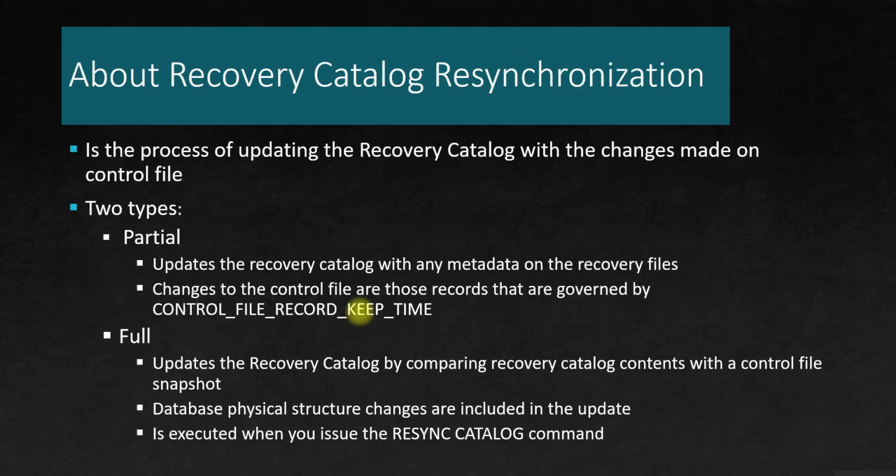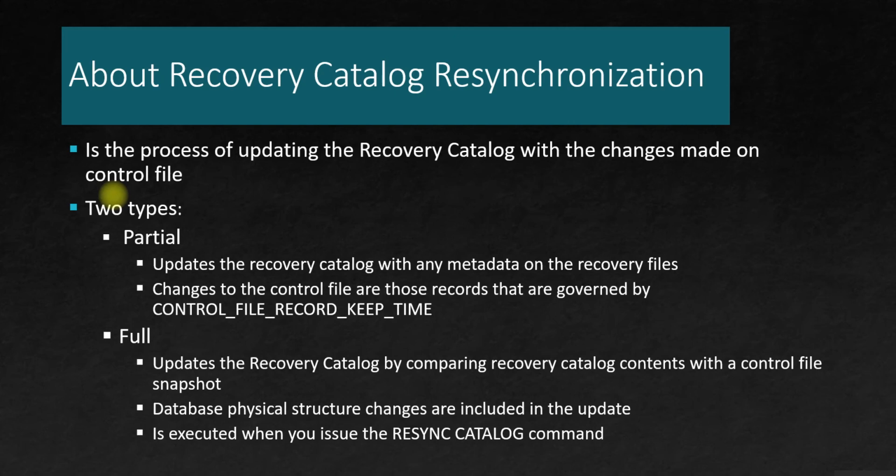Now let's talk about the recovery catalog synchronization. So this is the process, as we can understand from the tagline. When we want to update the recovery catalog with the changes made on the control file, regular backups are taken, including whatever archive log backup or control file autobackup or the normal data file backups are being taken.